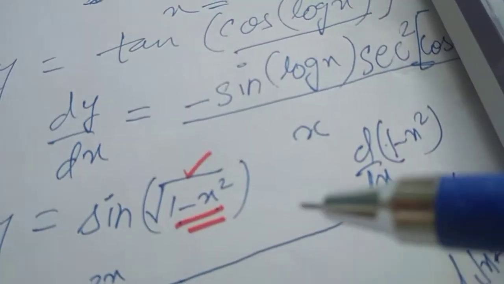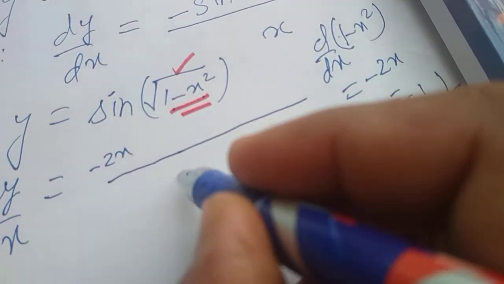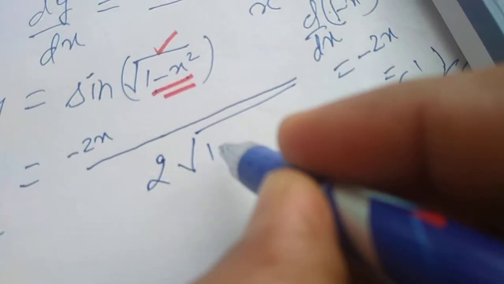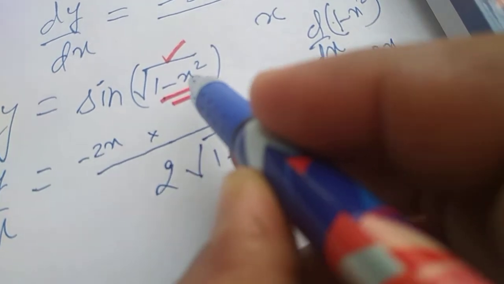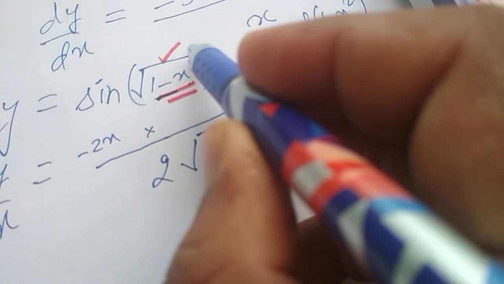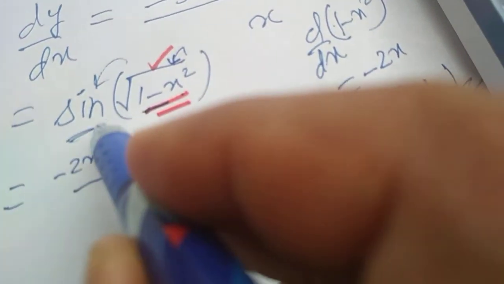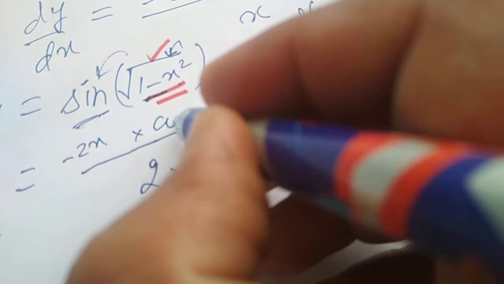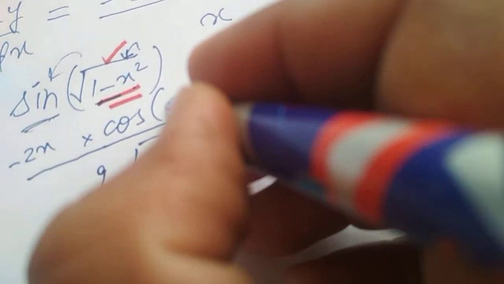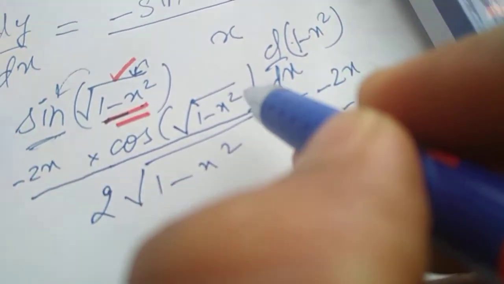So I write 1 upon 2 root of 1 minus x square into, now we keep on moving outward. We started with the innermost, then went to the square root function, then we go to the sine function. The derivative of sine function is cos. So I will write cos of everything which is in the variable place.